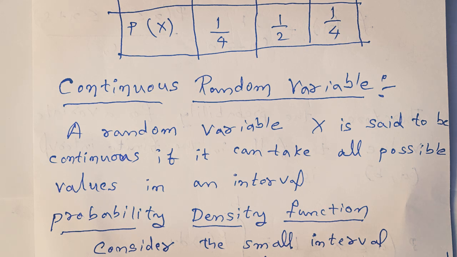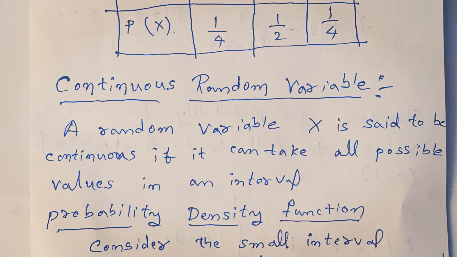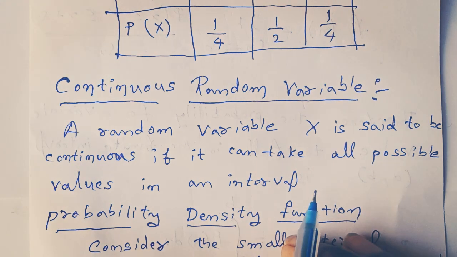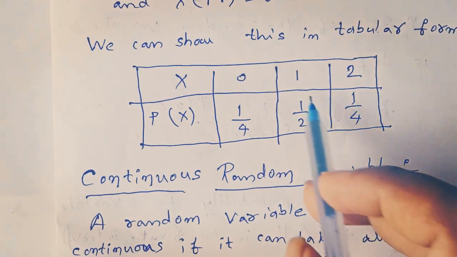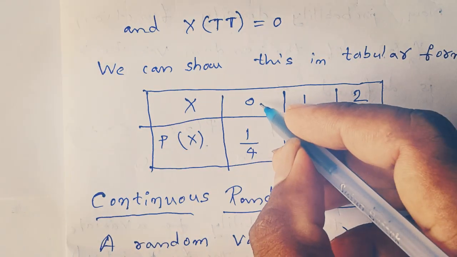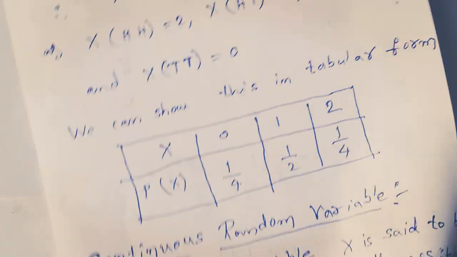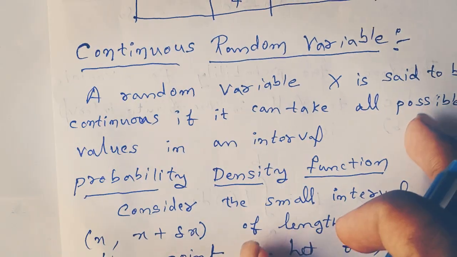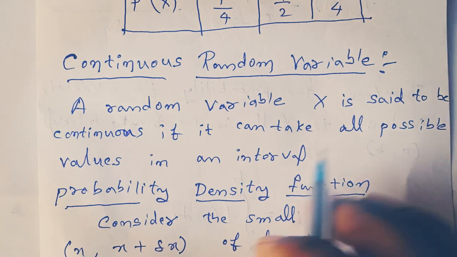For an interval we will find the probability. The difference between discrete random variable and continuous random variable is that for a discrete one we find the probability for a particular point, but in the continuous random variable we find the probability in a given interval.